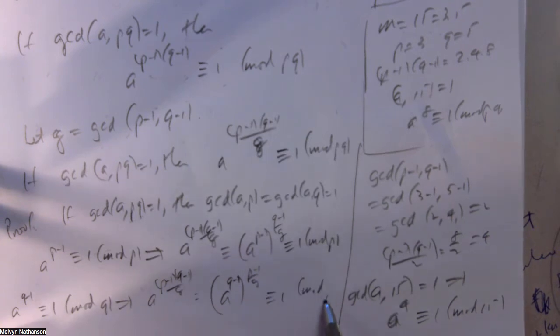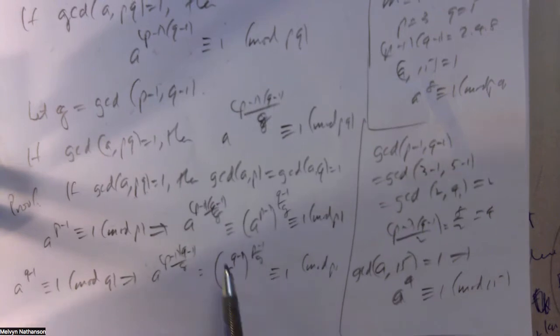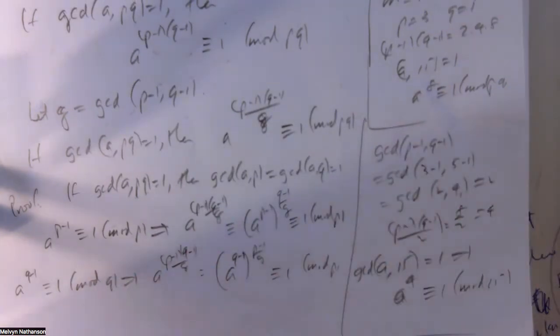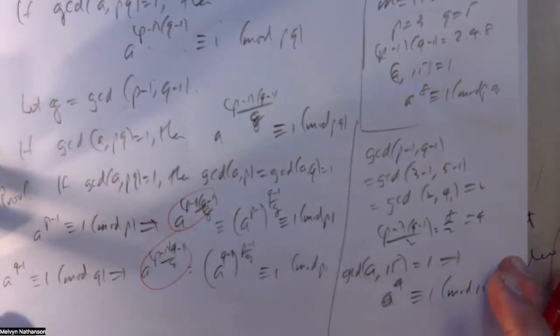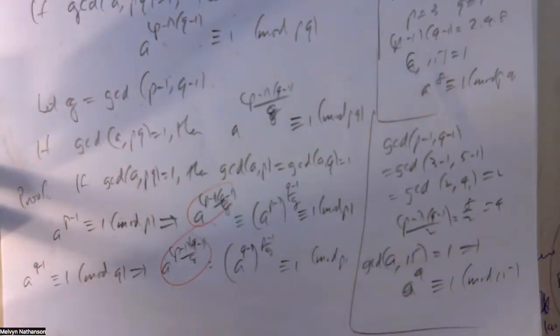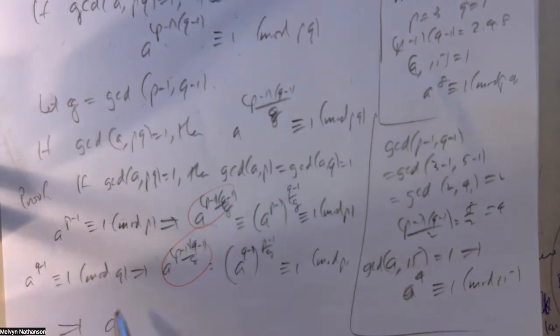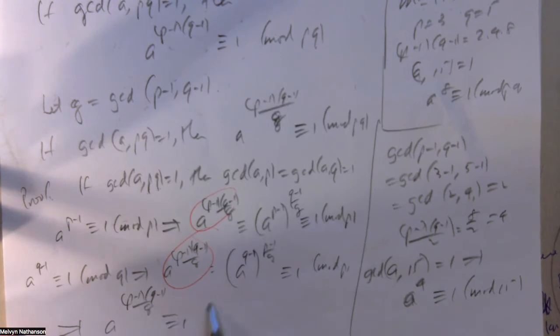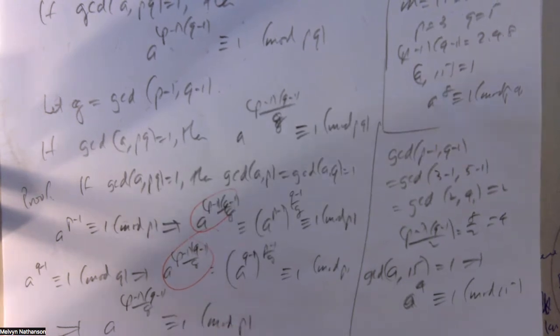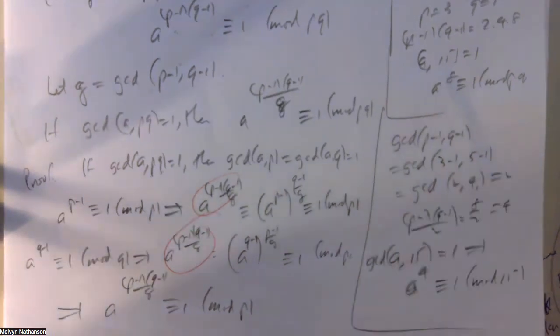This is congruent to 1 mod P. So if I look at this number minus 1, it is divisible by P and by Q. They're distinct primes. So A to the P minus 1, Q minus 1 over G is congruent to 1 mod PQ. So that is Euler's formula for a number that is the product of 2 primes.